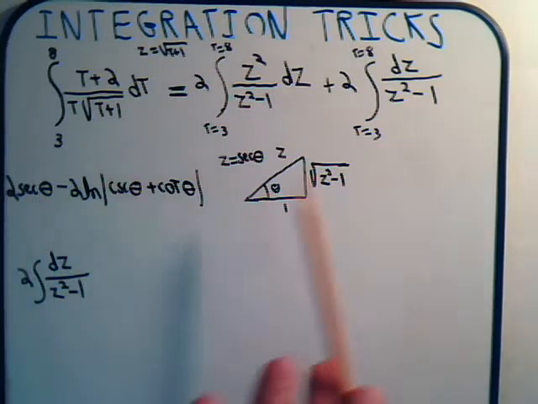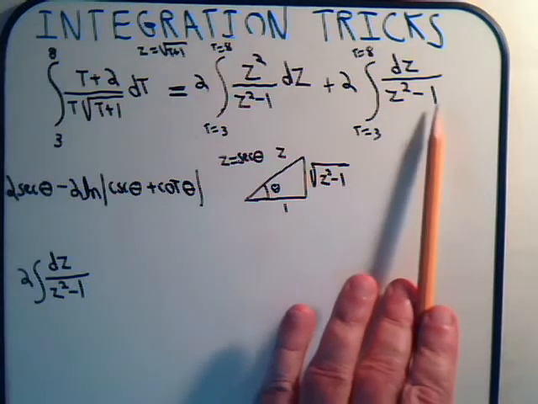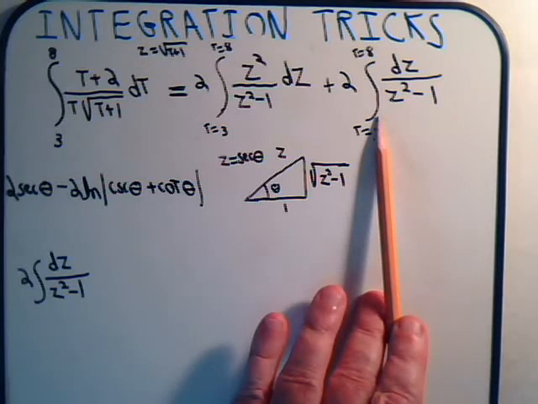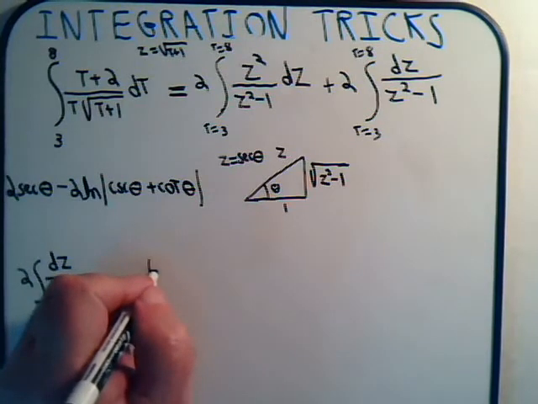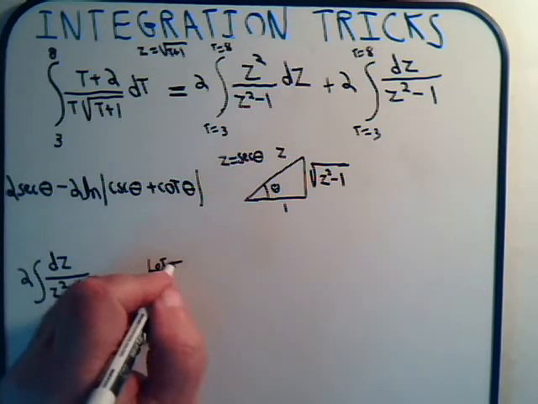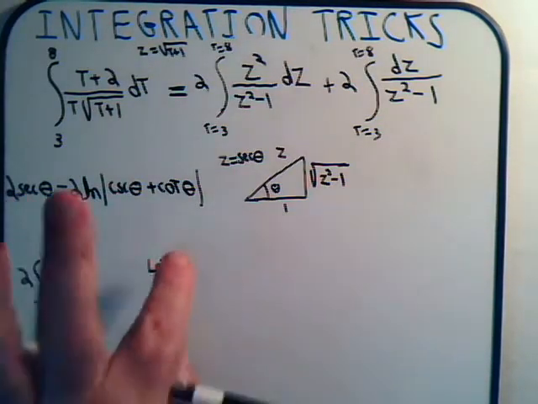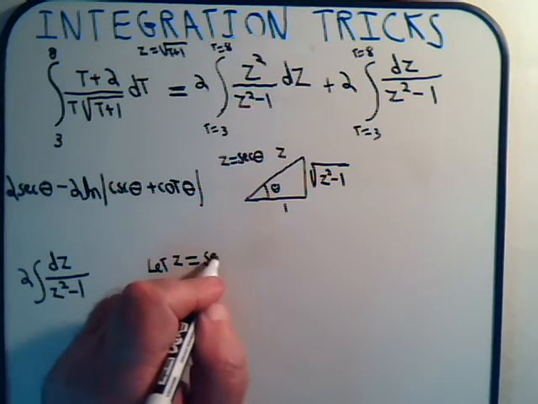Before we do that, let's take a look at this integral, because again it has the same denominator here. So we're going to evaluate it in the same way. We're going to say let z be equal to the secant of theta.